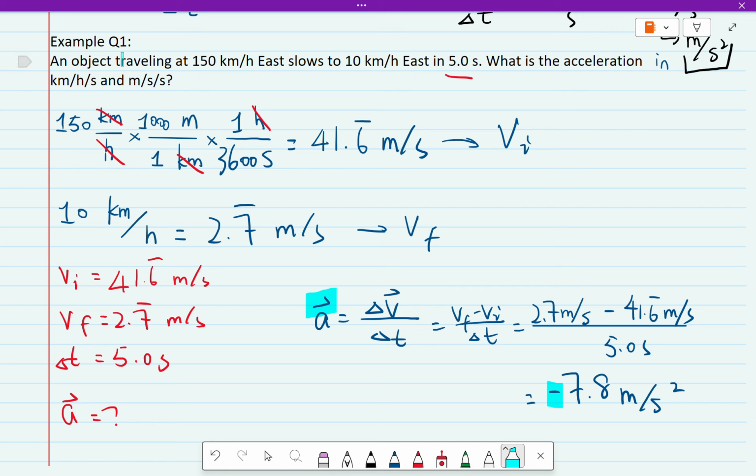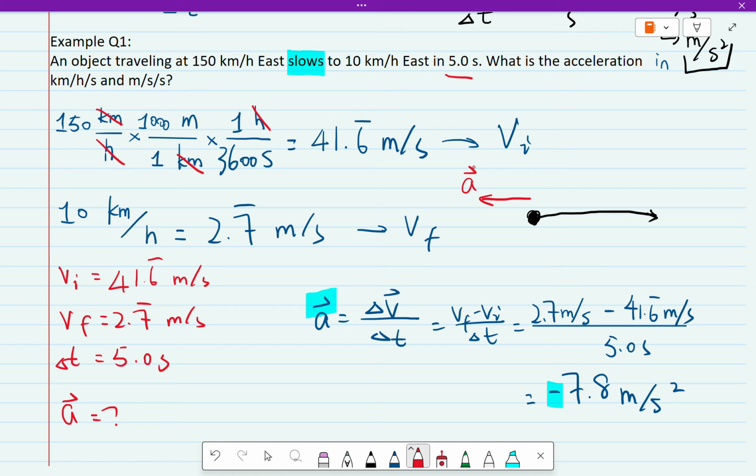So we can clearly see that this object is certainly slowing down. So if we have an object here, and this object is going this way, it's actually slowing down. And what's so interesting is actually the acceleration acts in the opposite direction, which acts against the actual motion of this object.